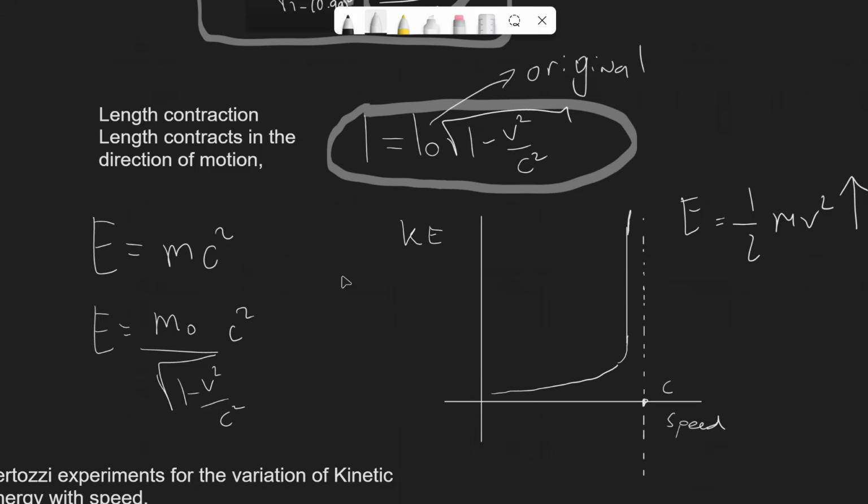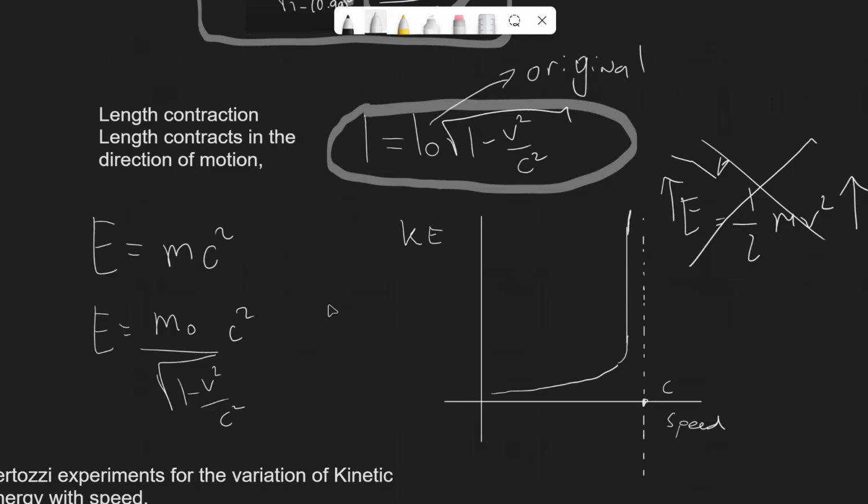But the mathematics of this expression tells me that this simply cannot be true. Why is that? Because if v is equal to the speed of light, then this will be 1 minus 1, which is just 0. So it means that this whole expression is going to be undefined.